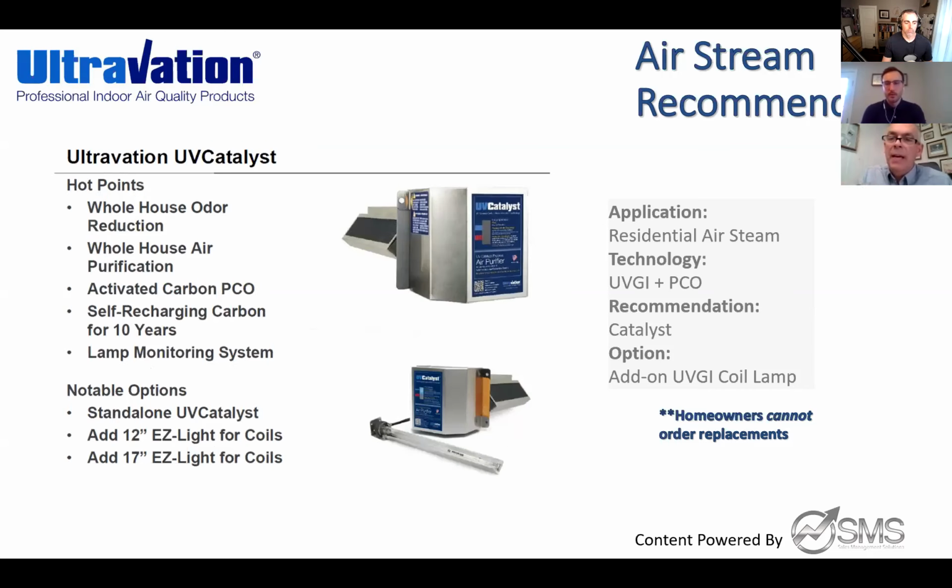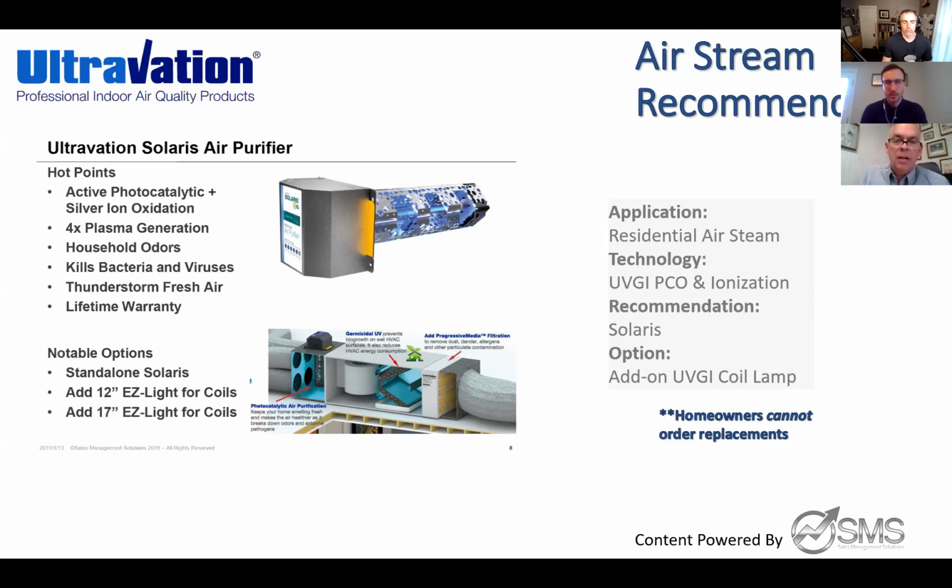On that last slide, though, can you go back to the last slide? It looks like there's the UV light, and then you have the Solaris Air Purifier. Am I correct? You are. So there are 2 installs. What I was saying is, if you look at the Solaris in the Airstream right there, you see the plenum with the Solaris in it.